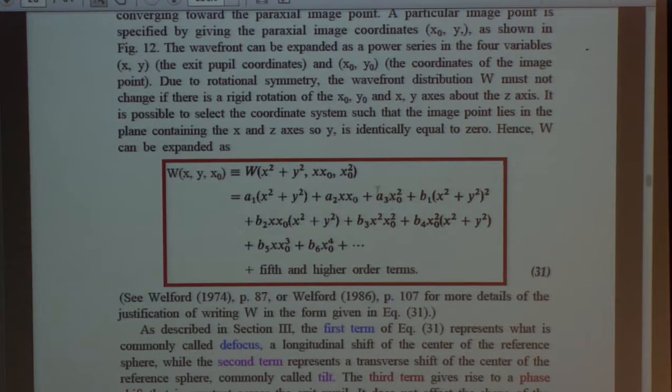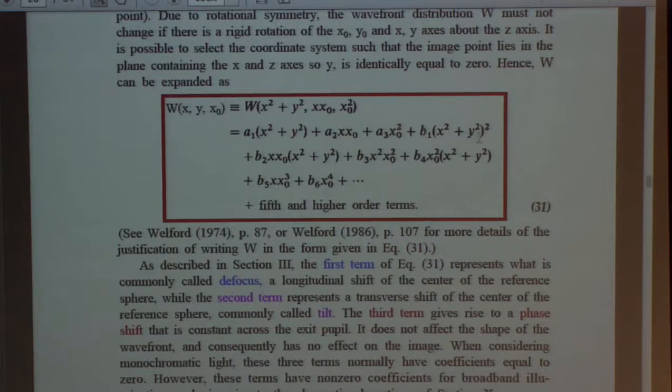I think only once in my life did I actually need to know what that was, in some interferometer we built. For the most part, you can just forget about the piston term. So we have a defocus term and a tilt term. Whether you want to call those aberrations or not, probably you don't, but sometimes a defocus will mess you up, so think of it as an aberration at times.